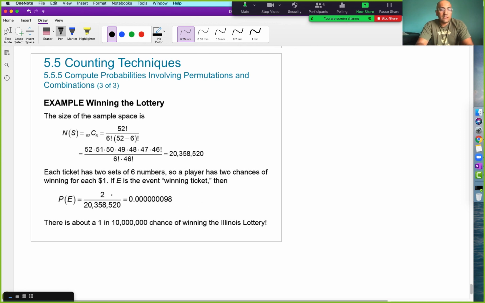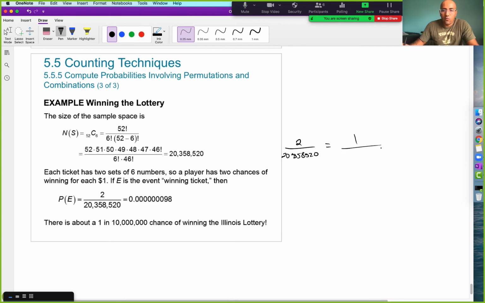If we reduce this down, dividing 20,358,520 by 2, we would get something close to 10 million. So just to show you where they get that 10 million: 2 divided by 20,358,520.